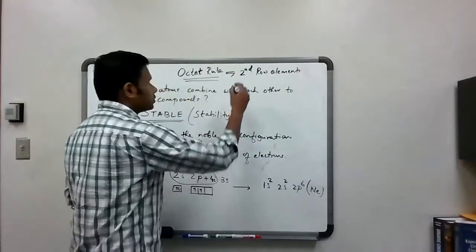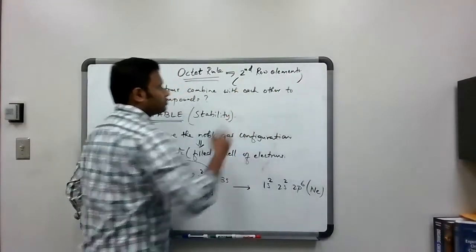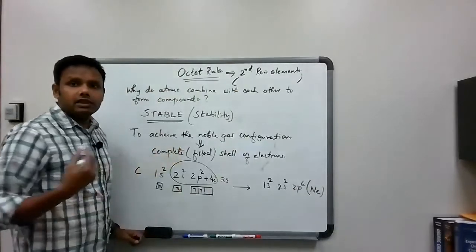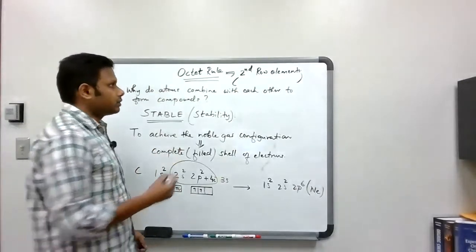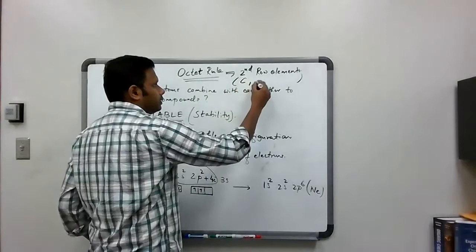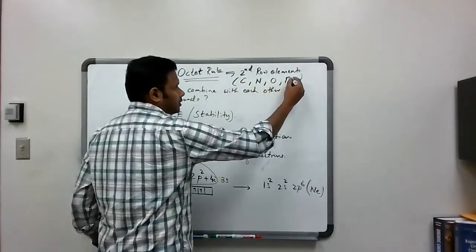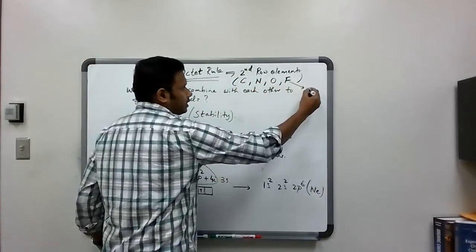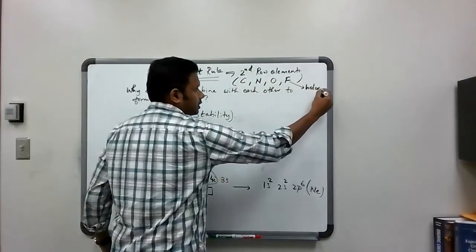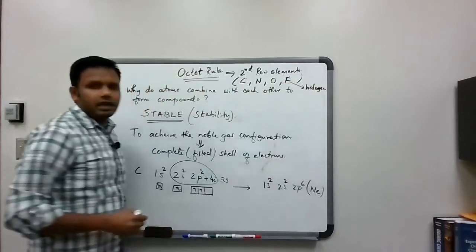Now let me also mention which elements we're talking about, and these are the elements that we'll be discussing usually in organic chemistry. We're talking about carbon, nitrogen, oxygen, and fluorine. Now fluorine is a halogen, and this just represents any halogen.